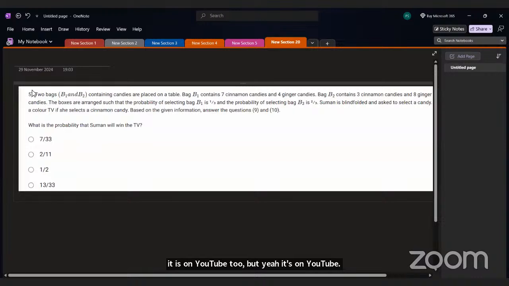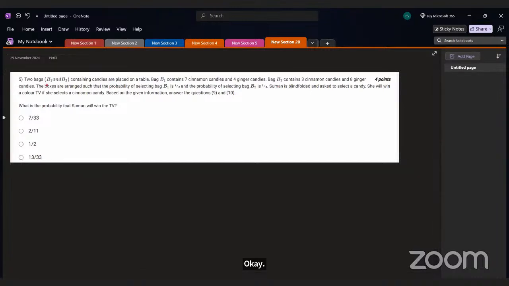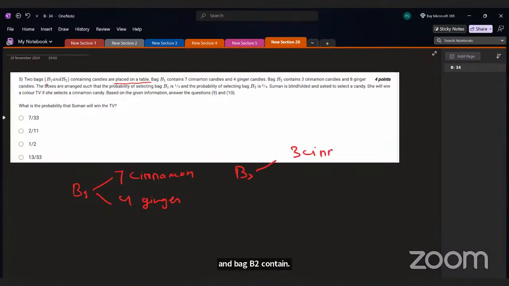This is the 5th question we have got. Two bags B1 and B2 containing candies are placed on a table. Bag B1 contains 7 cinnamon and 4 ginger candies, and bag B2 contains 3 cinnamon and 8 ginger.